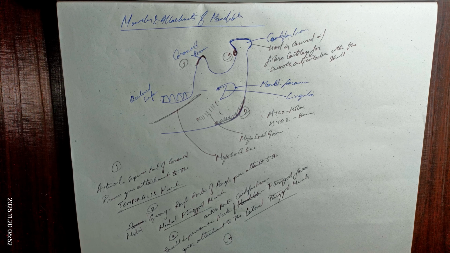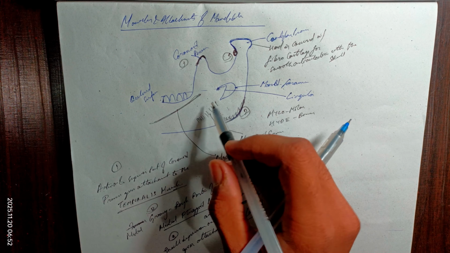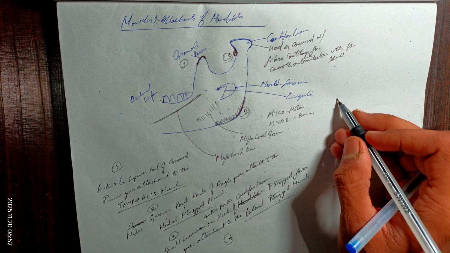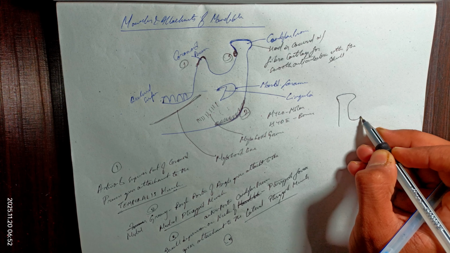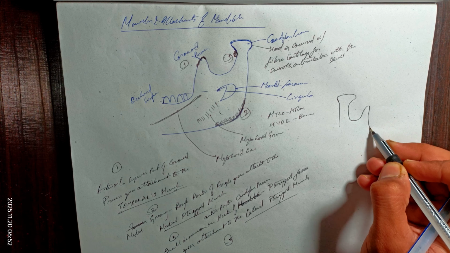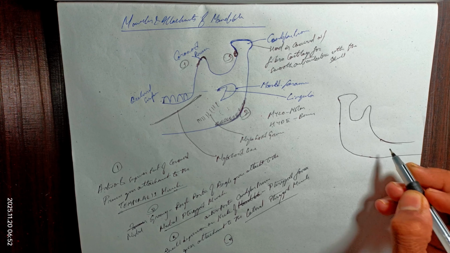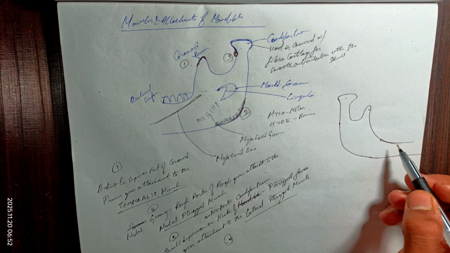Now fourth, is it visible? Yes. Okay. Fourth is, so this is the mandible on the medial side, but if we draw it on the outer side, this is the outer part, the coronoid process, condylar process.